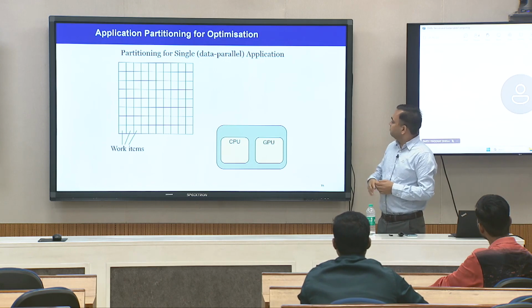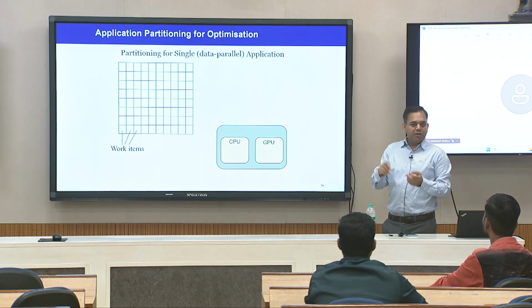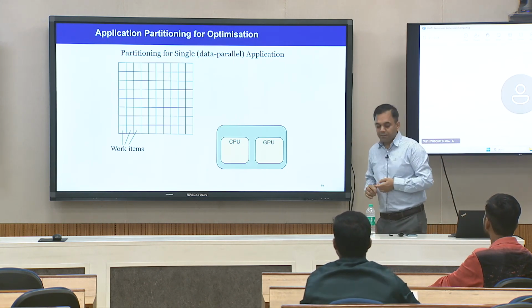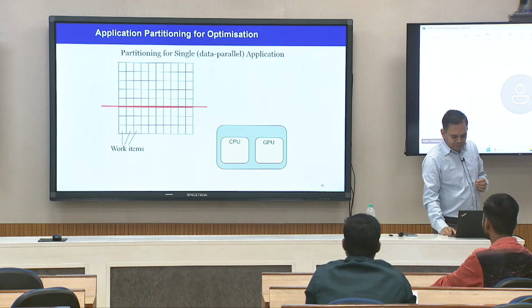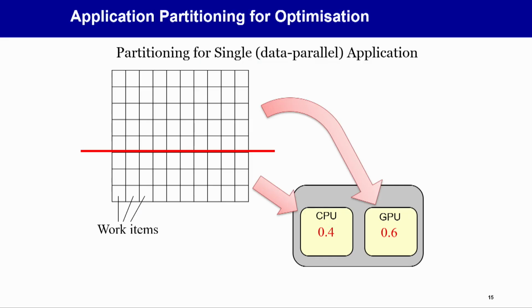You can define several partitions and each of them is going to give you different energy consumption and different performance. This is just an example: you can put 60% of the work items on the GPU and 40% on the CPU.